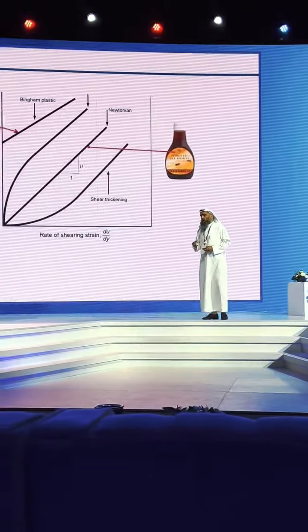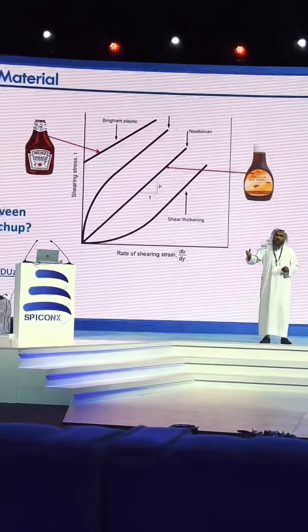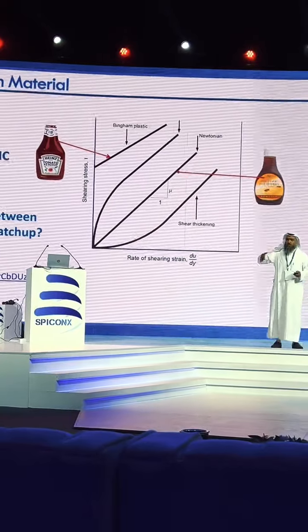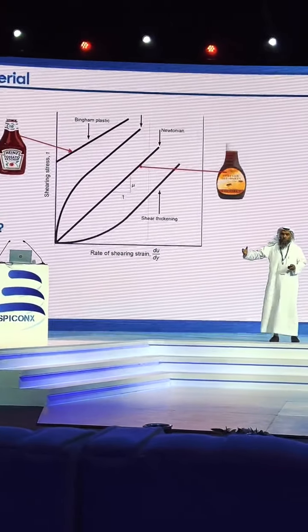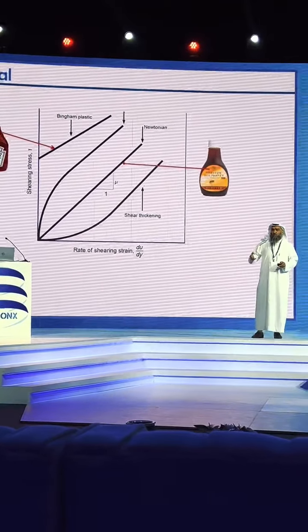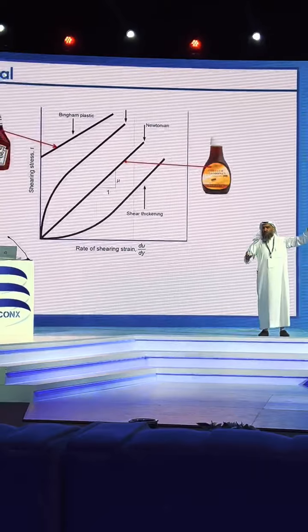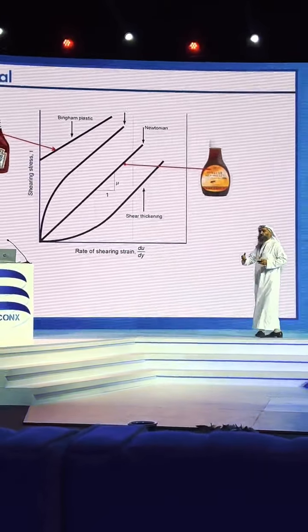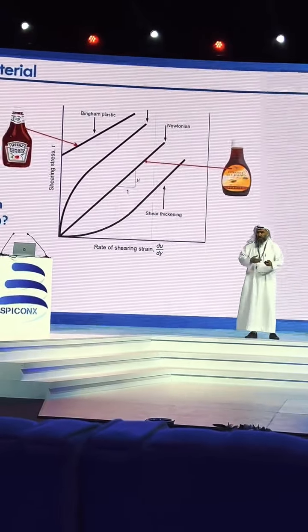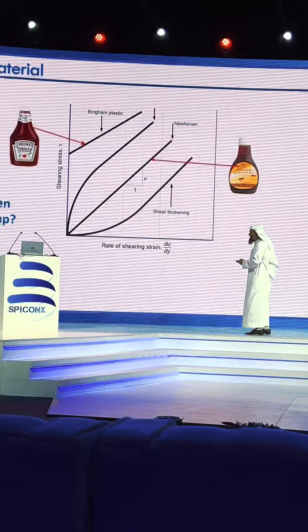This is why when we want to transport mortar, we put it in a truck with a rotating drum to keep the viscosity low, to keep it soft. Otherwise, once we reach the site and start to pump it, it will not pump if we didn't shake it like that. Same thing you feel in mud. When you mix mud more, it becomes softer. This is called shear thinning.